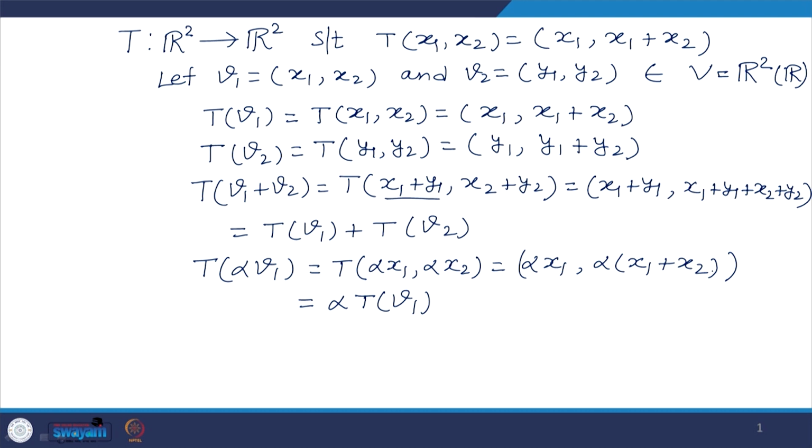So, the second condition is also satisfied. Hence T is a linear transformation.